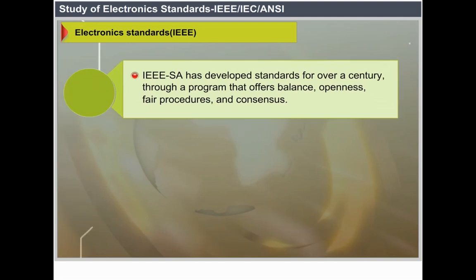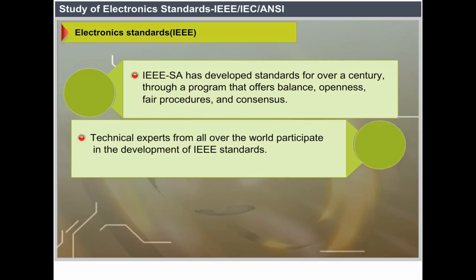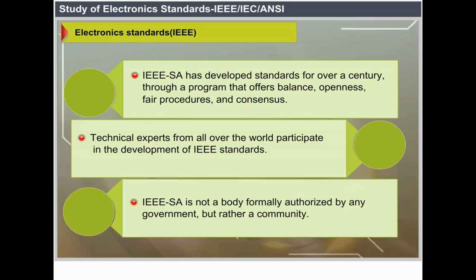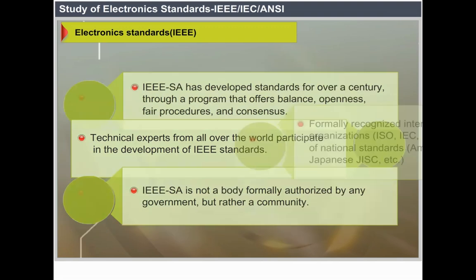IEEE-SA has developed standards for over a century through a program that often balances openness, fair procedures, and consensus. Technical experts from all over the world participate in the development of IEEE standards. IEEE-SA is not a body formally authorized by any government but rather a community.